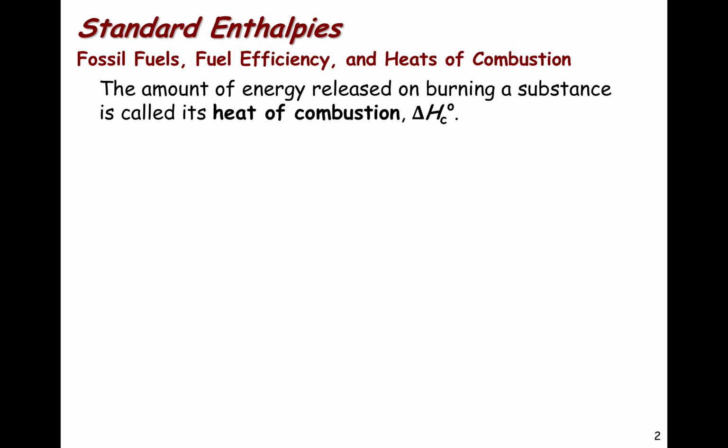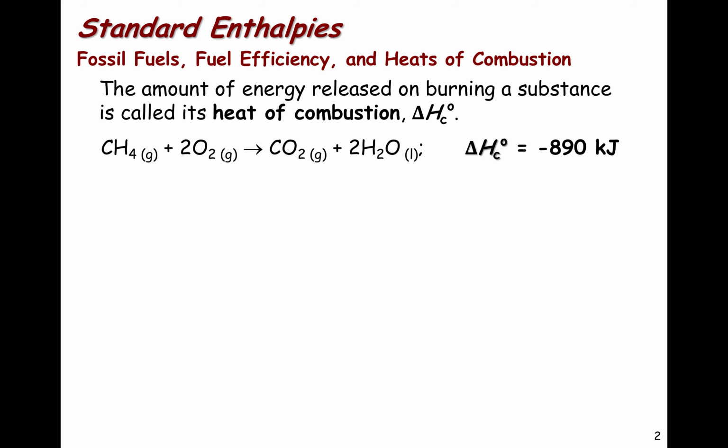If we discuss the concept of standard enthalpies, the symbol that we would use would be a delta H with a superscript of 0 just to the right of the H. This is an enthalpy that's been measured under standard conditions. So in this case, we're talking about the heat of combustion associated with some process.